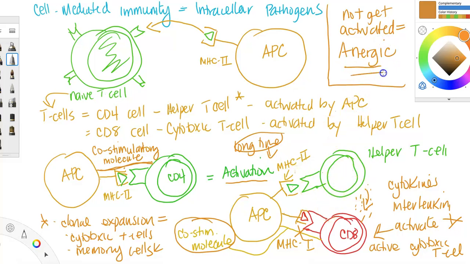So once anergic, it can never be activated to be an active T cell. Okay, that's about it. That's T cells. We talked about B cells. And next we'll talk about some hypersensitivity reactions that have to do with B cells.